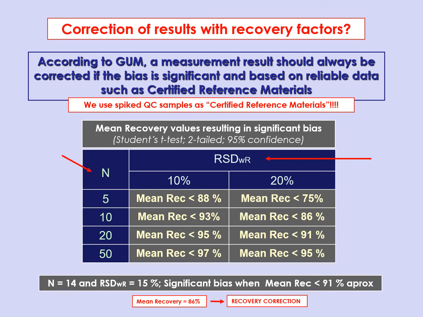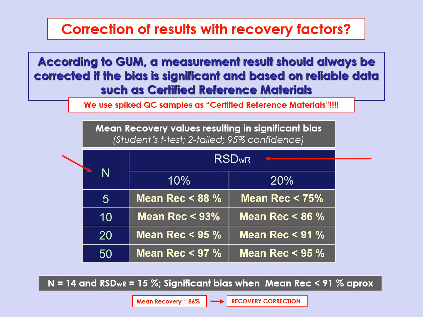The table gives, as an example, the average recovery values obtained from N validation or quality control recovery tests that would lead to establishing that the bias is statistically significant by applying the two-tailed Student's t-test with 95% confidence for two different values of the relative standard deviation of the recovery data, 10 and 20%.